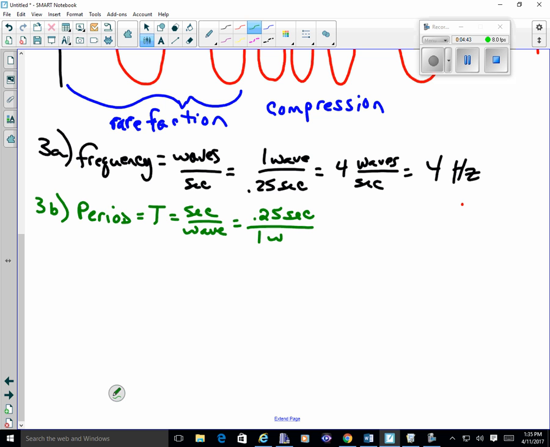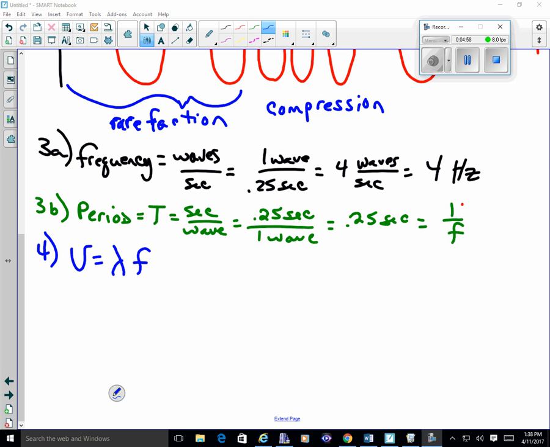On number 4, it says, what is the speed of light? So the great big new equation for this chapter is that the velocity of a wave is the wavelength times the frequency. You can also make a brand new right triangle for that. Let's say that V is lambda times f.